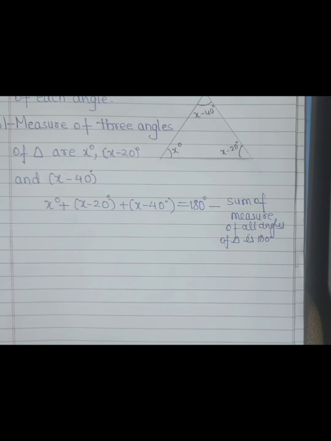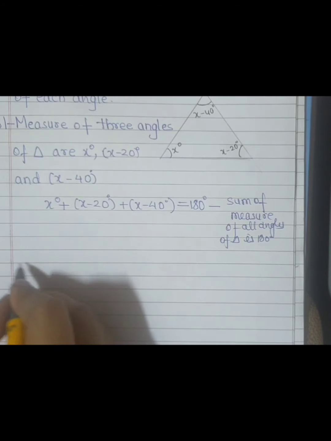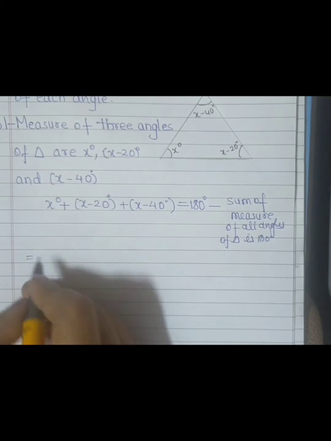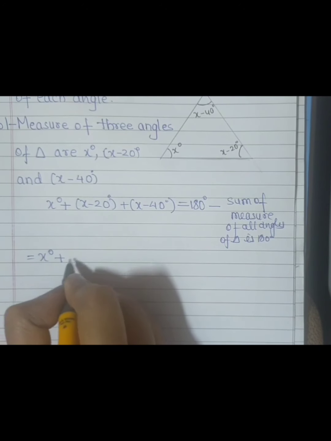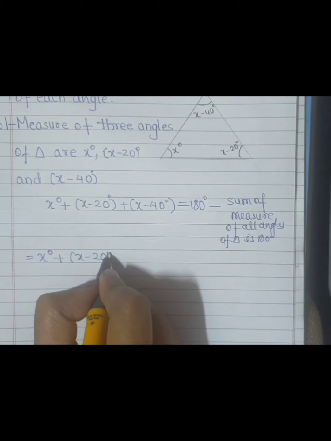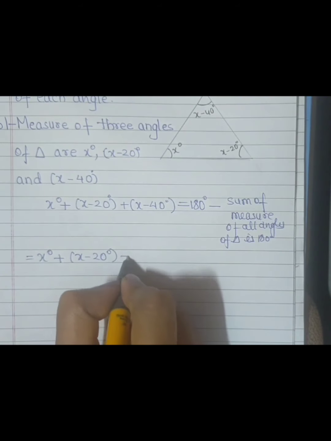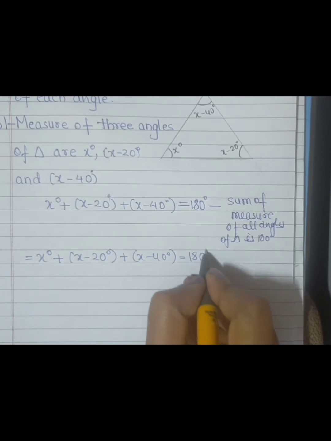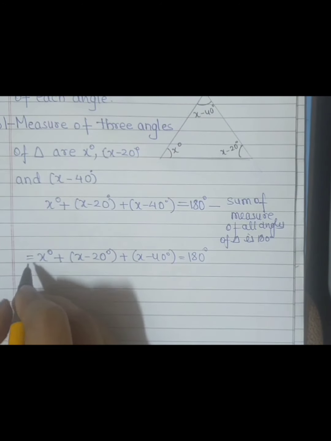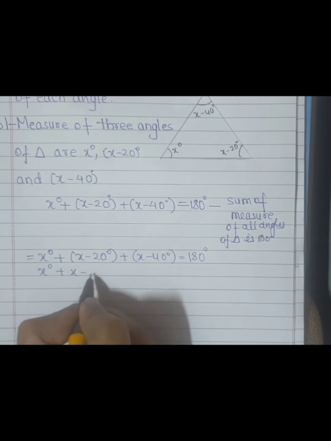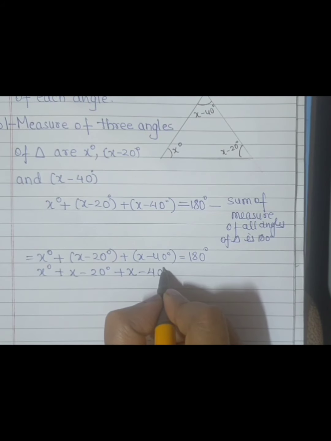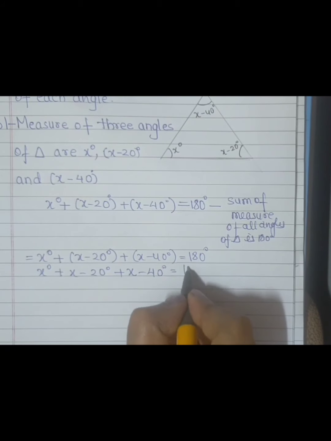Now the next step is we are going to write the same as it is, x degree plus x minus 20 degree plus x minus 40 degree equal to 180. Now I'm going to remove the brackets.